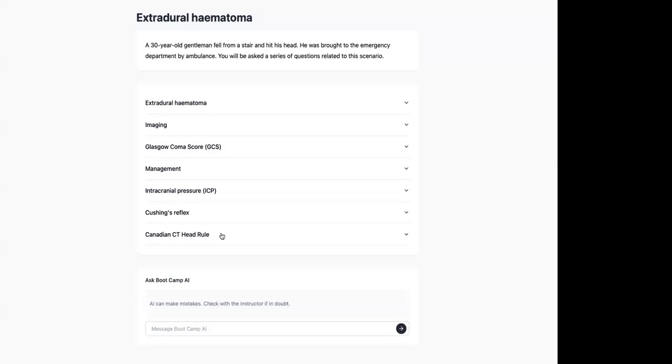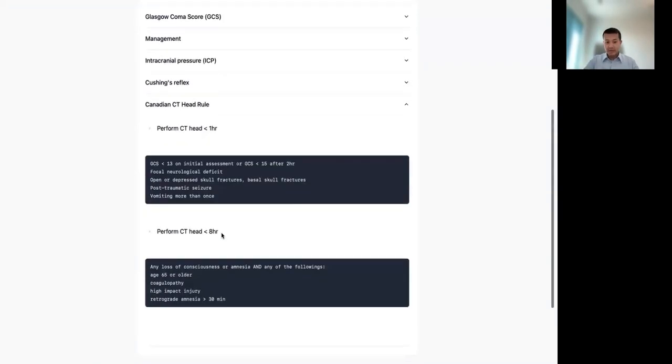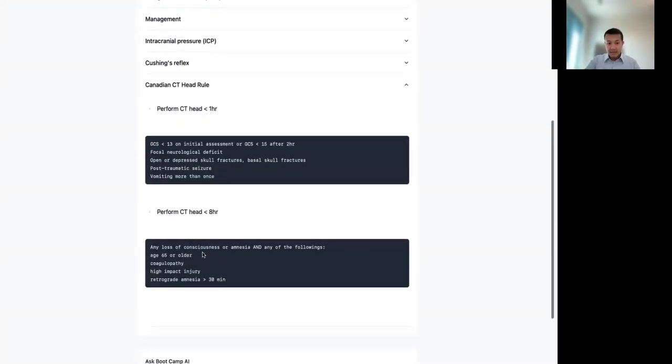It's either post-traumatic amnesia or loss of consciousness, plus elderly or coagulopathy or serious mechanism of injury. They must contain 2 conditions. The first one is either amnesia or loss of consciousness, and the second condition is any of the following. So loss of consciousness or amnesia must be present, plus any of the following.